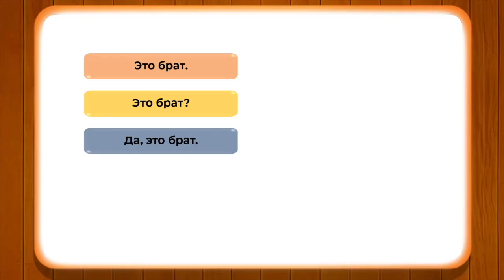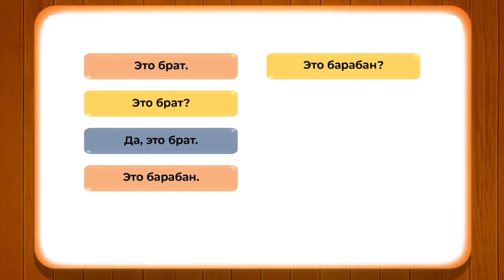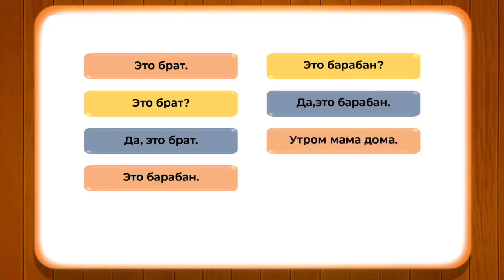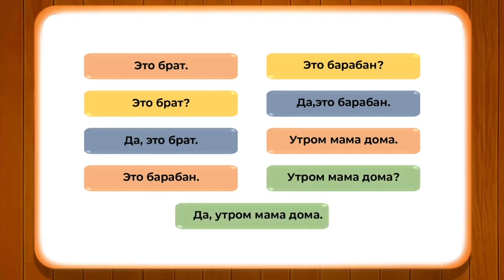First, a simple sentence: eta brat, eta dom, eta kniga, eta komnata, and likewise many other words, changing them into interrogative and answering them finally with yes. So, we have eta baraban, da eta baraban, utram mama doma, da utram mama doma.